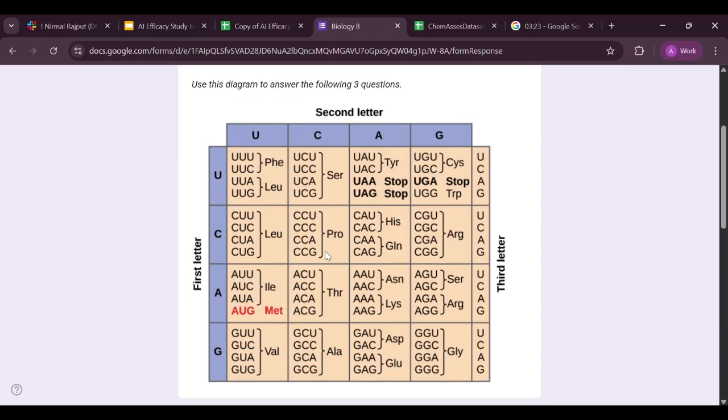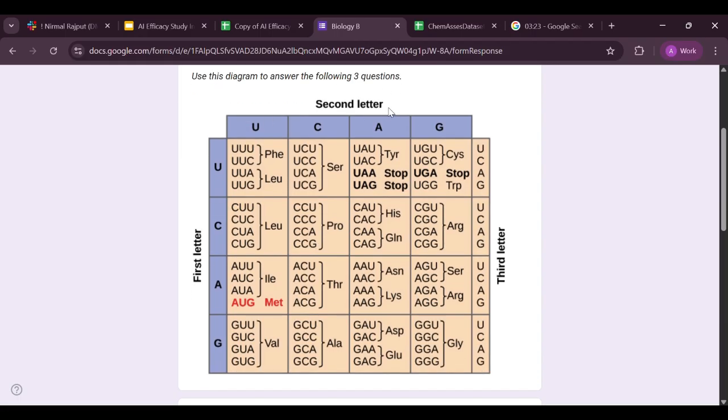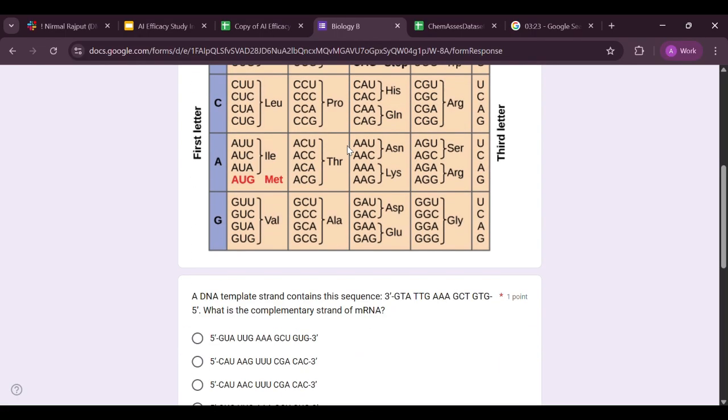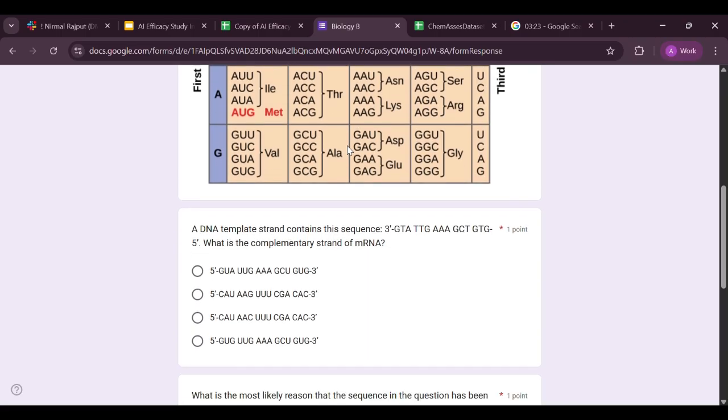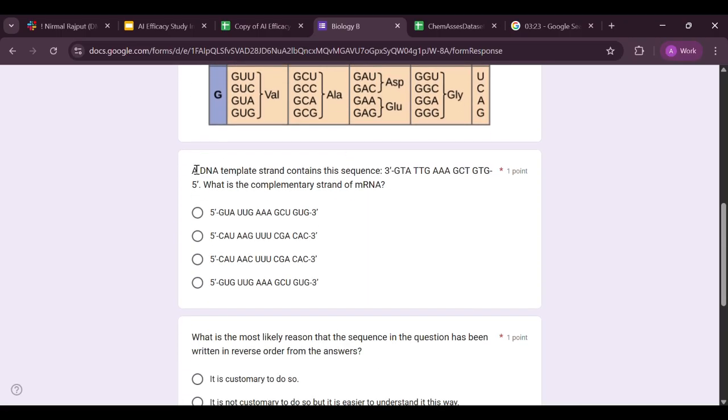So let's move to the next part. Using this diagram, we have to answer the following three questions. Our DNA template strand contains this sequence: 3' GTA TTG AAA GCT GTG 5'. What is the complementary strand of mRNA?